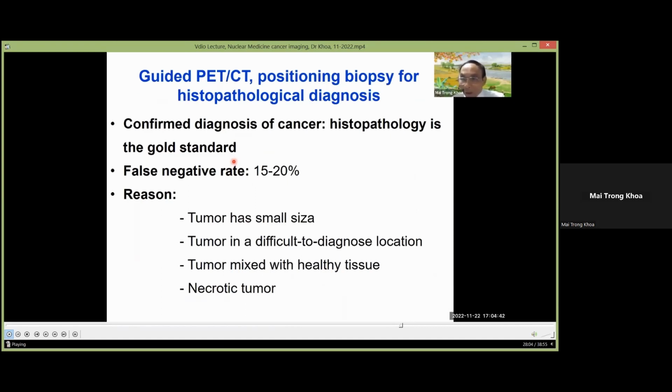So it will help biopsy accurately and reduce the number of times we need to re-biopsy, and the surgical cost.